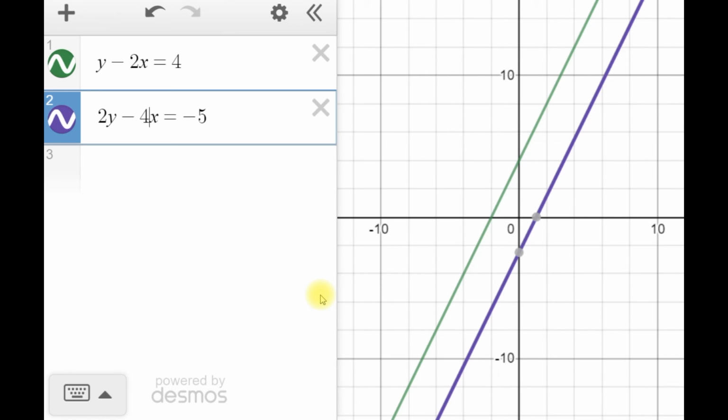The reason is, if you look at the graphs of these 2, these are 2 lines which are parallel with each other, and they don't have a point of intersection. So if you try and solve these 2 equations by either substitution or elimination, for example, if I multiply that top equation by 2 and subtract one from the other, I'll get 0 minus 0 equals 3, which doesn't mean anything.